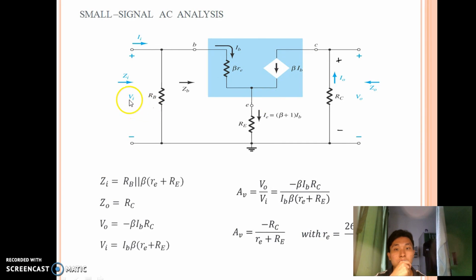Here is the voltage in and the voltage out, and our IE is here: base, emitter, collector. From here we get AV equal to V out over V in. After we simplify, we get this AV, and re equal to 26 millivolts over IE.